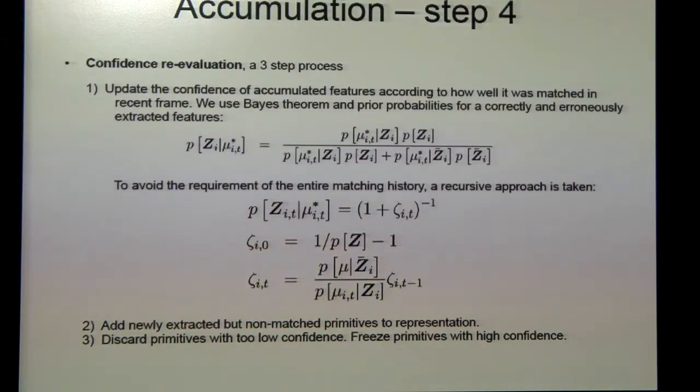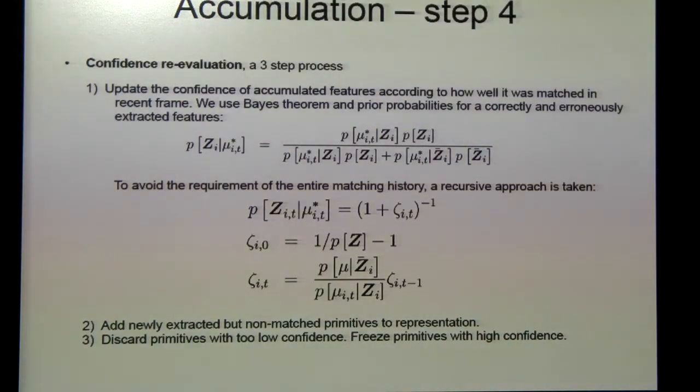They get into the representation with the initial confidence if they're not matched, and then we have mechanisms for discarding primitives if the confidence gets too low. We'll just remove them from the representation. If they fail to match for long enough, then they were probably just an outlier. And on the other side, we have a mechanism for freezing the primitives.